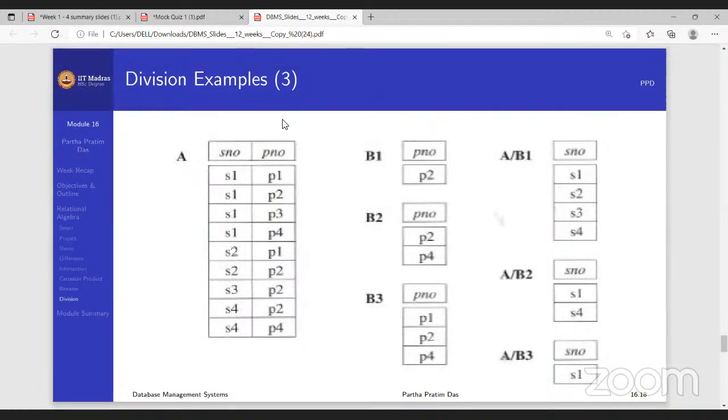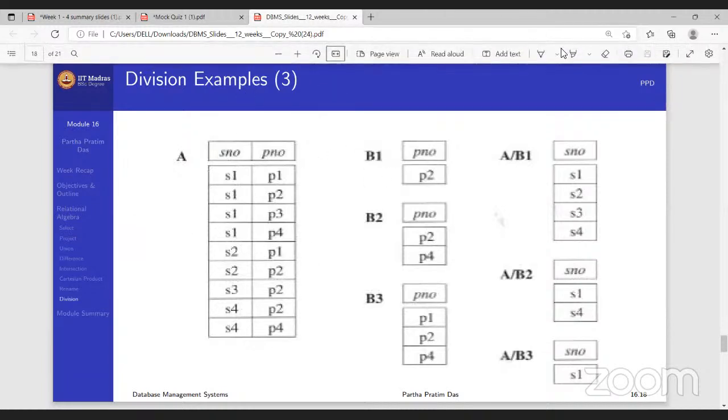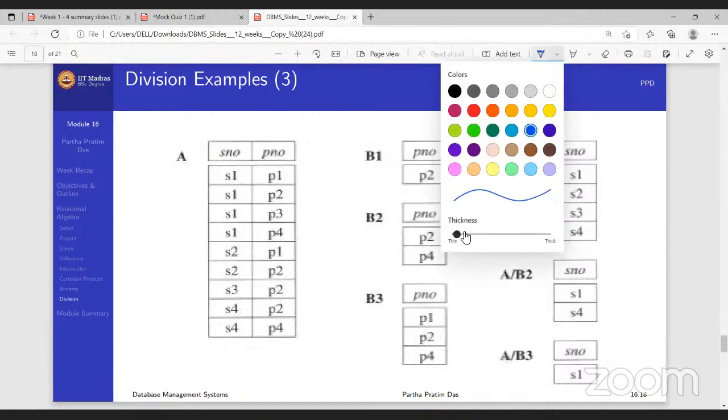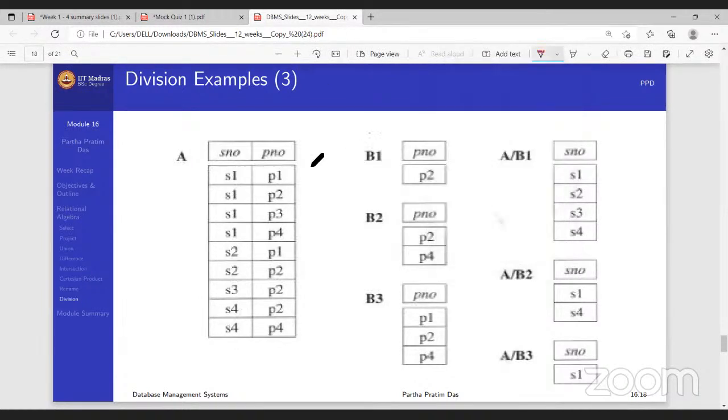You can see this example. Is my screen visible? Yes, sir. So if there is only one attribute, see, S number, P number divided by P number, if we divide it, we will get S number, right? So we have to check for all the values in B1, like P number, having the corresponding S number satisfying all the values.